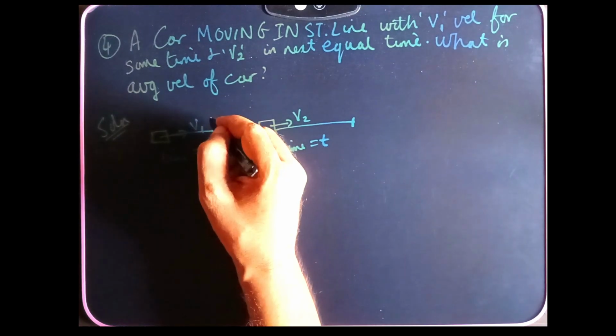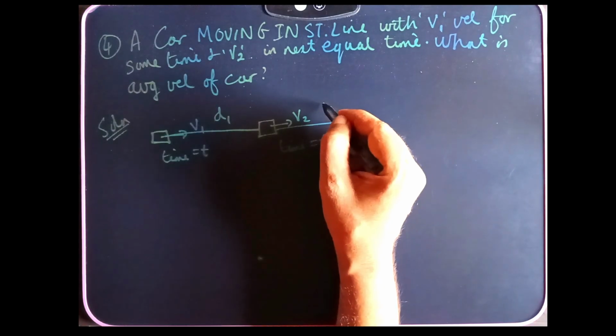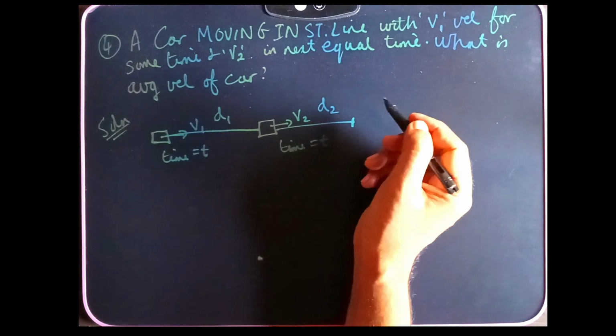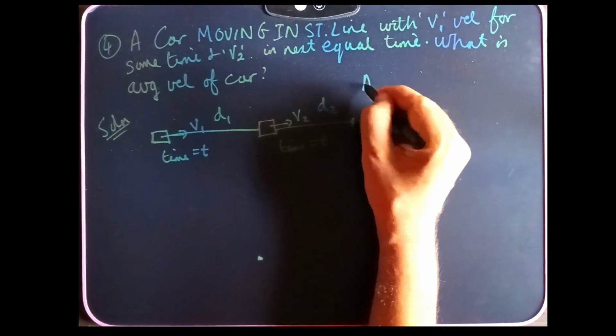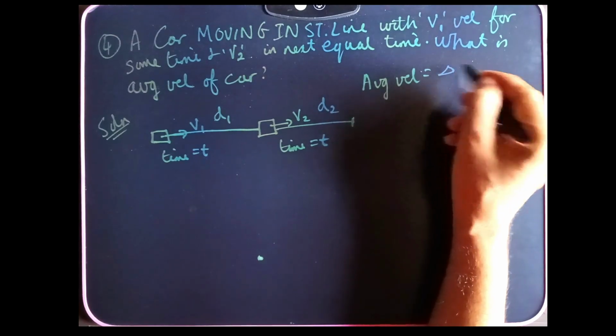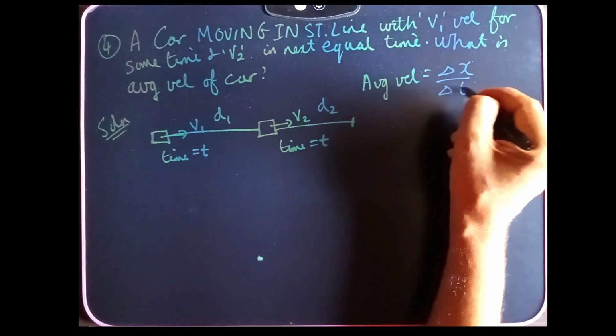So the distance traveled when velocity was v1, we will assume as d1, and the distance traveled at velocity v2 we will assume as d2. What is being asked? Average velocity. Average velocity is change in displacement divided by change in time.